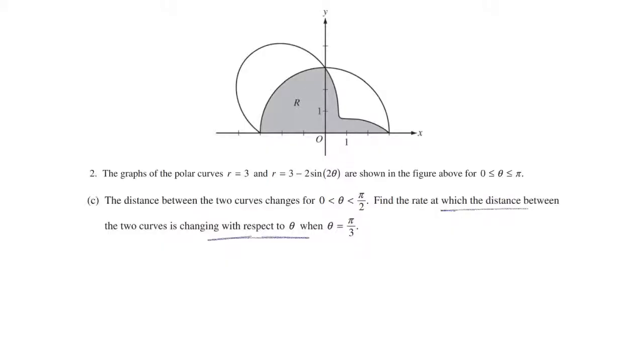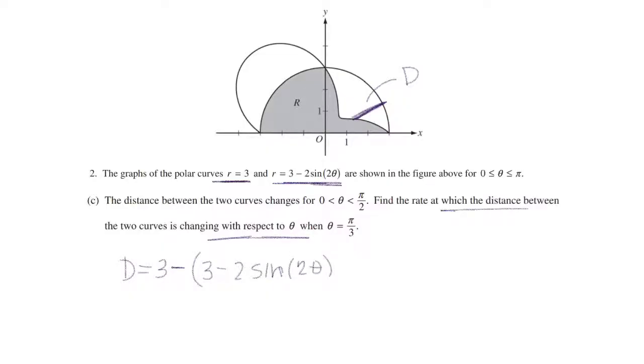If we think about the distance between the two curves, from 0 to pi over 2, we're talking about this distance here, d. We could very easily define that distance d to be my outer r value minus the inner r value. So I would say that's going to be 3 minus the other r value I have, 3 minus 2 sine 2 theta.